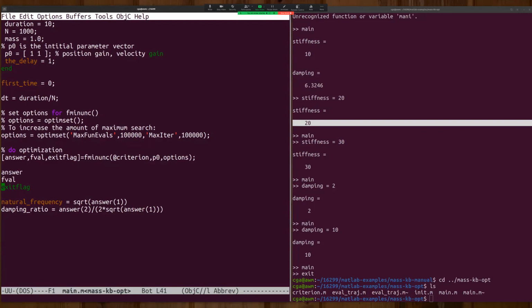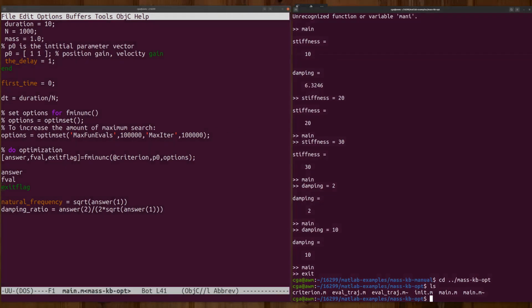You have a criterion function, an initial point in the parameter space to start at, and then a bunch of options, which we already defined. And the answer is the optimal parameters. Fval is the optimal score. Exit flag tells you if bad things happened. And let's run it.